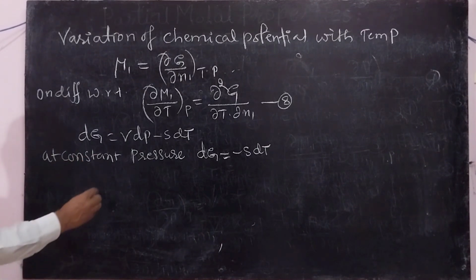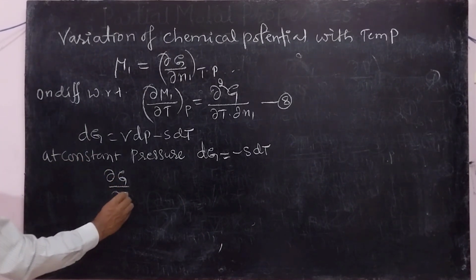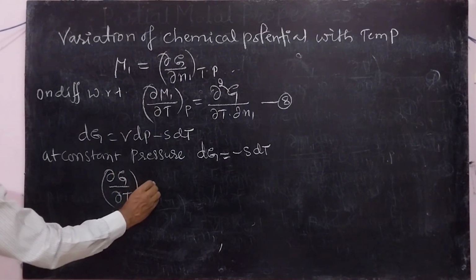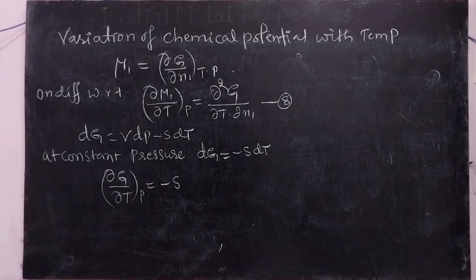Then that becomes ∂G/∂T at constant pressure is equal to minus S, that is entropy.